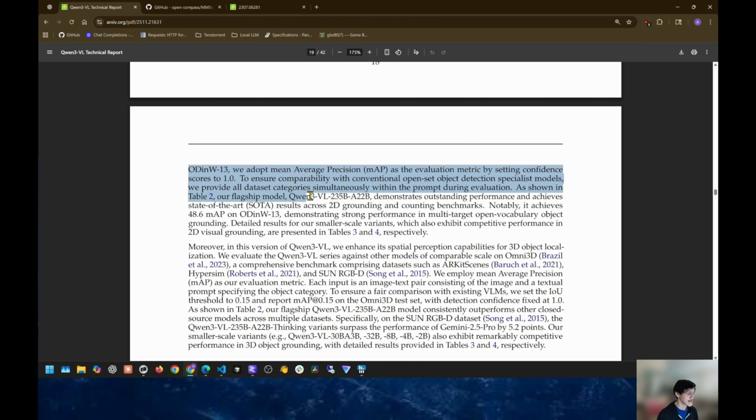Our flagship model Qwen3 VL 235B A22B demonstrates outstanding performance and achieves state-of-the-art, SOTA, results across 2D grounding and counting benchmarks. Notably, it achieves 48.6 mAP on ODinW, demonstrating strong performance in multi-target open vocabulary object grounding. Detailed results for our smaller scale variants, which also exhibit competitive performance in 2D visual grounding, are presented in Tables 3 and 4 respectively.